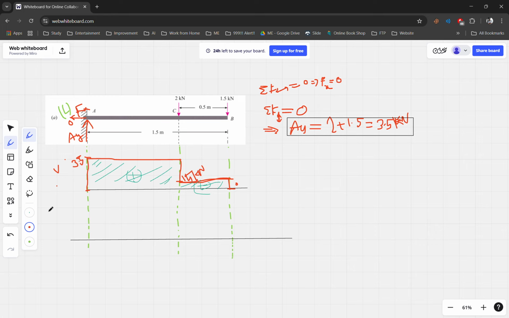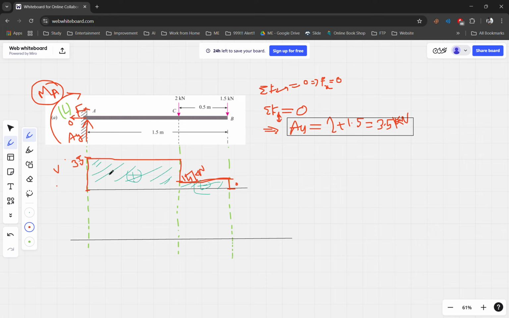For the BMD diagram, let's do our calculation. On this point Ay is moving upward. If we think that here we will get a moment, let's say M of A in this direction is positive. Let's calculate the moment.